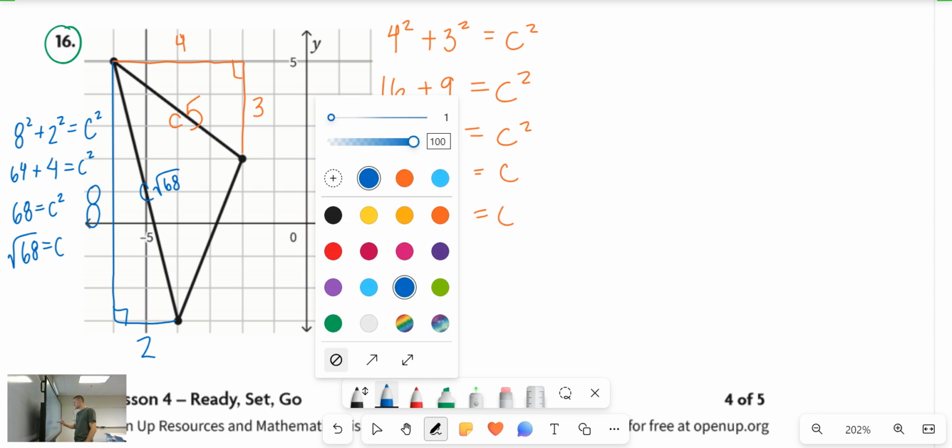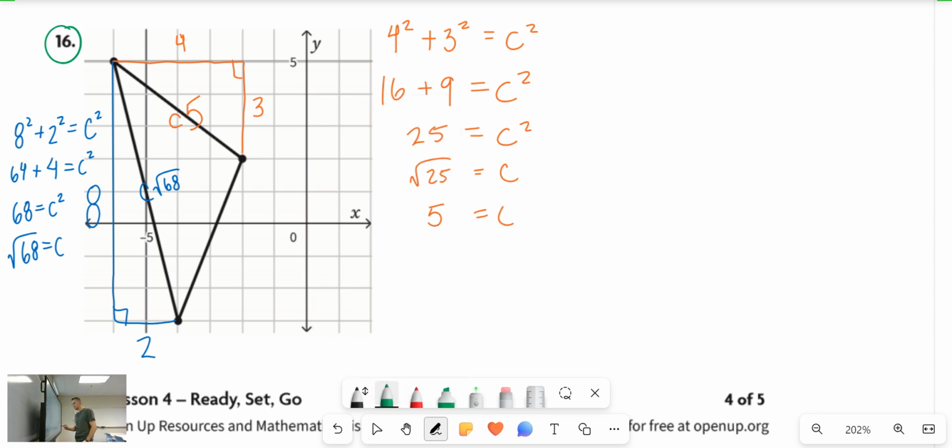All right, and last, we'll go back to our green. We go over 2, and up 1, 2, 3, 4, 5. There we go, up 5. So over 2 and up 5.